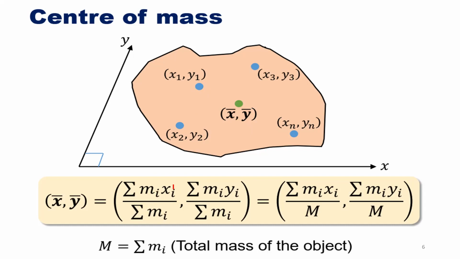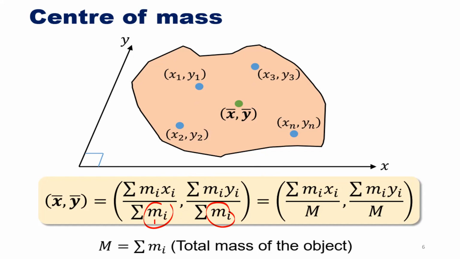That gives you the mean for x. Then move on to your y. Do the same thing. You take the distance y1 times the mass m1, plus y2 times m2, plus y3 times m3. Add all, and divide by the total mass. The total mass is the same because you are referring to the same object. So you get the mean.